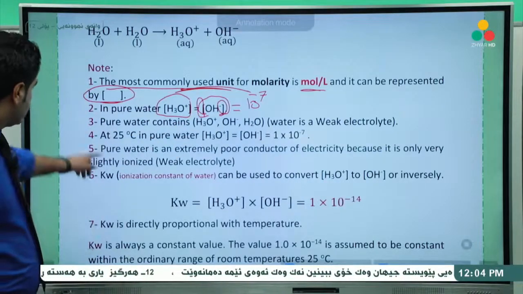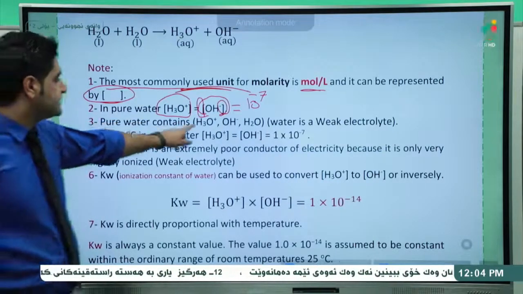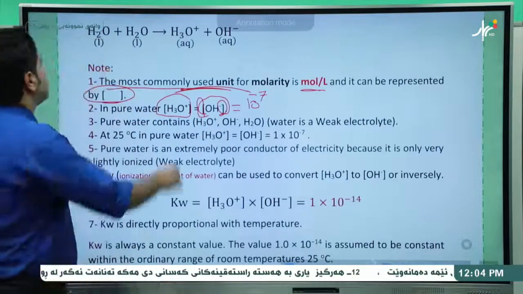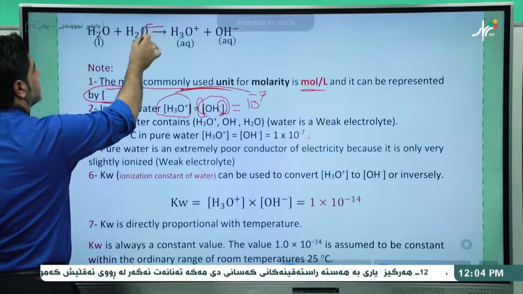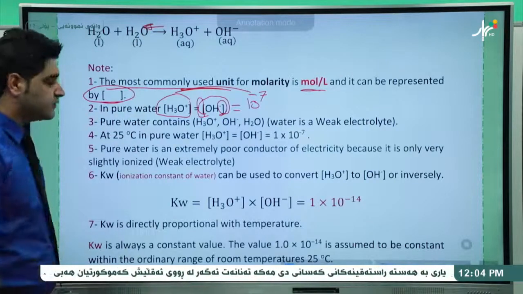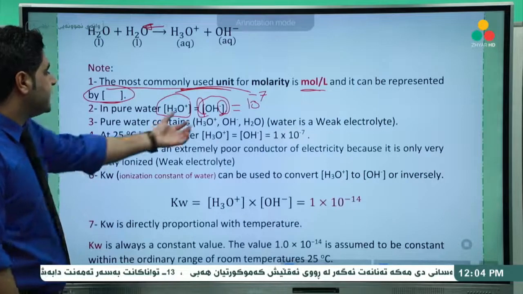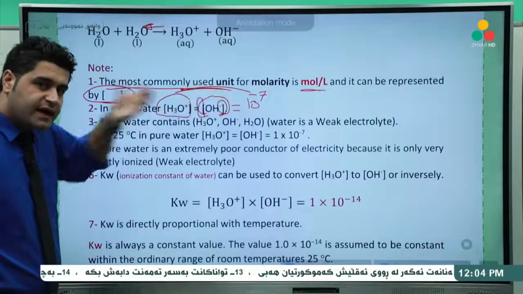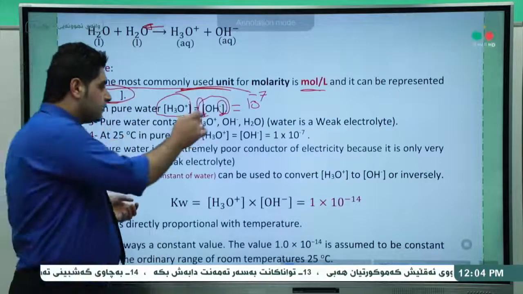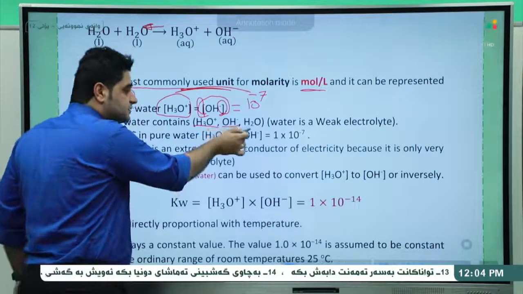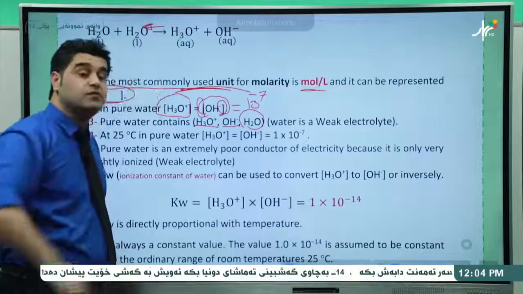Now, pure water is a weak electrolyte. Right? Pure water is a weak electrolyte. So we can get hydronium ion and hydroxide ion from the molecule by itself. Why?